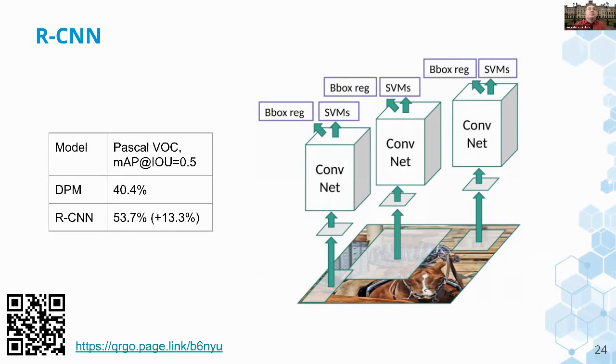Despite the good result, R-CNN has one major drawback. The full computation of the R-CNN approach on one image took approximately 1 minute, which is a lot. So researchers started looking for ways to speed up this approach.